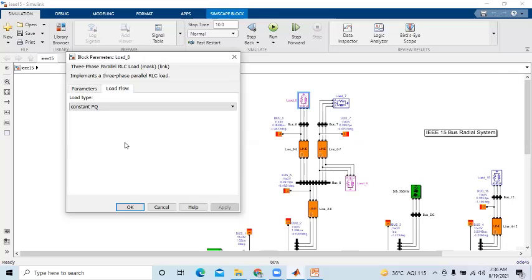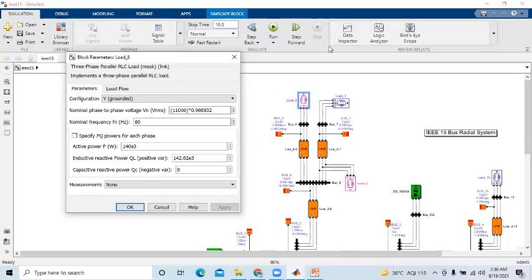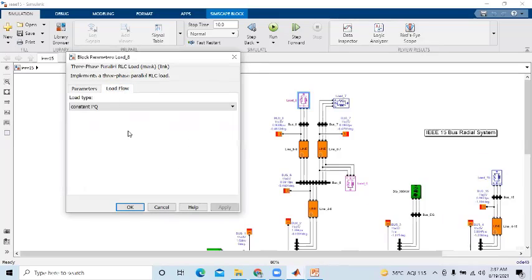This is the PQ load, and the type of the load flow is a constant PQ load.